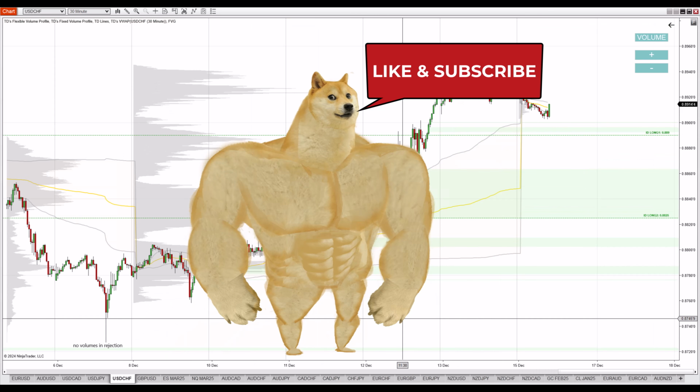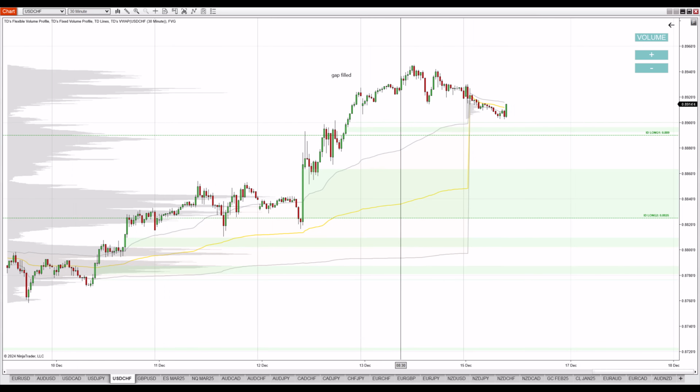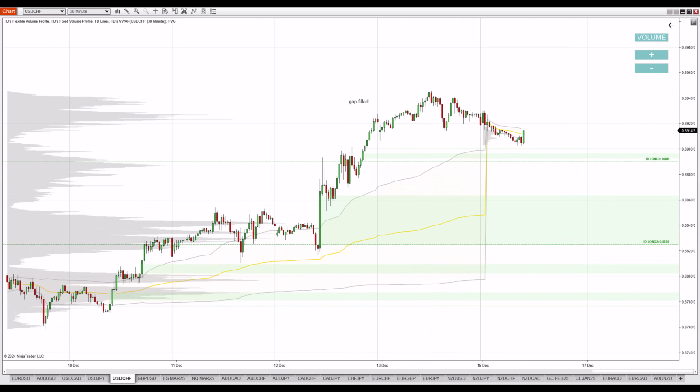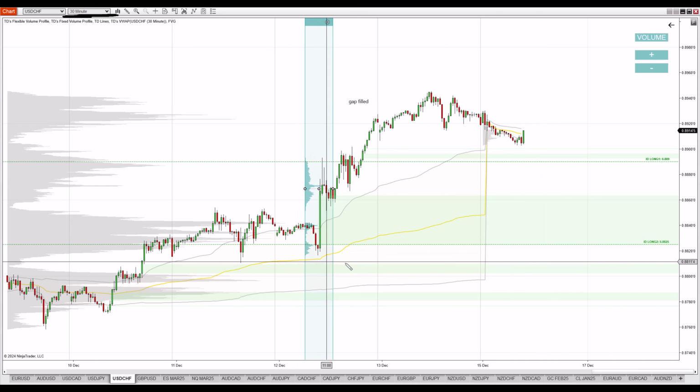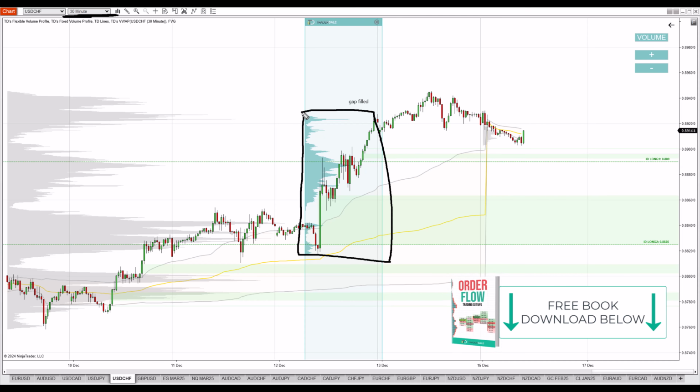So this is the US dollar Swiss franc, and in here there's a very similar scenario as on the US dollar Japanese yen. This is a 30-minute chart, so the same time frame, and again there was this strong uptrend zone, and within that zone there was this heavy volume cluster traded.